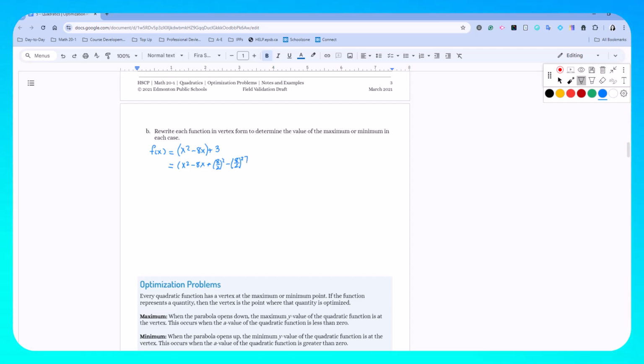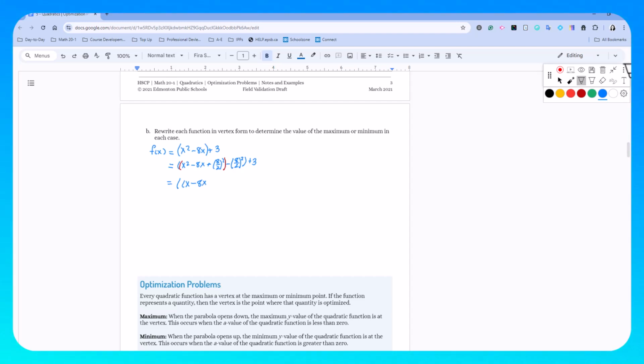Actually, oops, get the eraser here going. Like that. And don't forget to hold on to the 3 at the end. The next thing is now we're going to bracket off the perfect square trinomial. We got one there now, and we're going to go ahead and rewrite that as x minus 4.